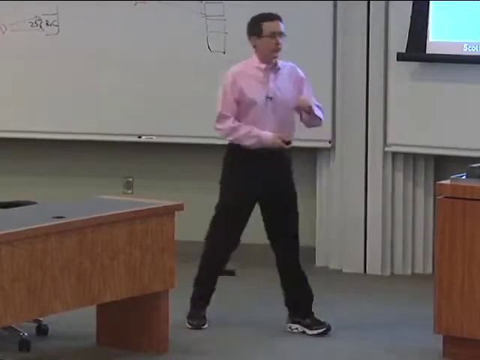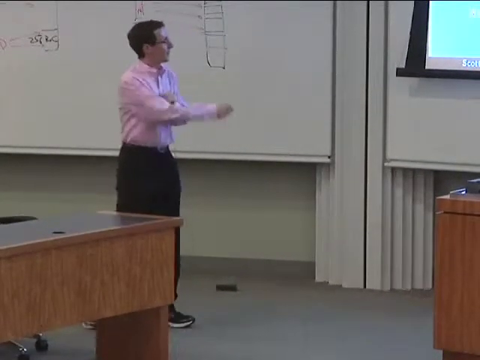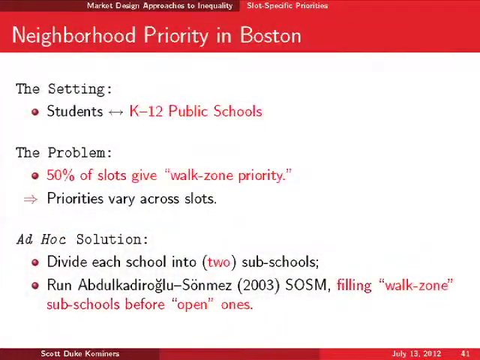This is particularly worrisome because a similar thing goes on in Boston. So here's Chicago, here's Boston. Now Boston is also using a mechanism that has two different types of priorities within school. There are open slots that are school choice slots, essentially, and then there are walk zone priority slots.